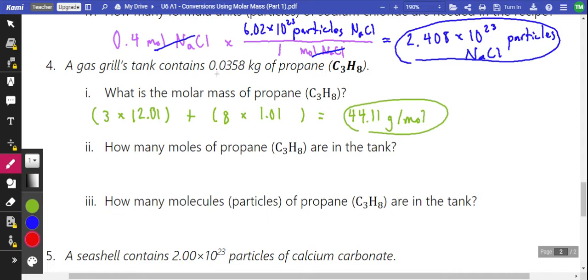To go from kilo to regular grams, we go 3 spots to the right. So we should land at 35.8 grams of C3H8.